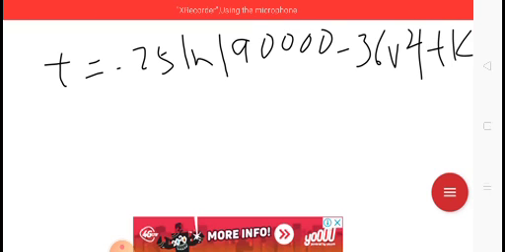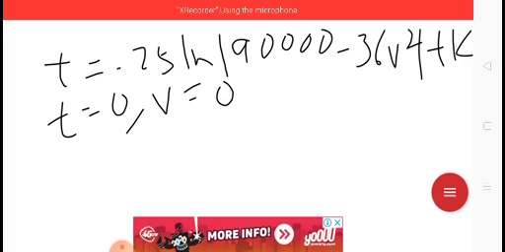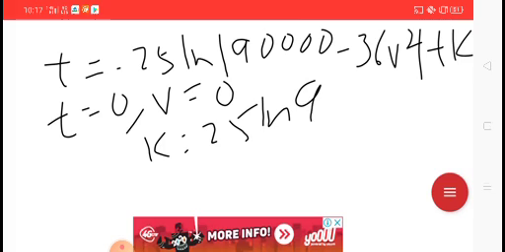So when t equals 0, v will be equal to 0 also, and you will get k equal to 25 ln 90,000.